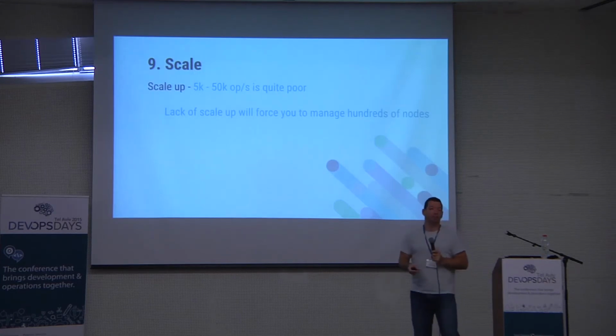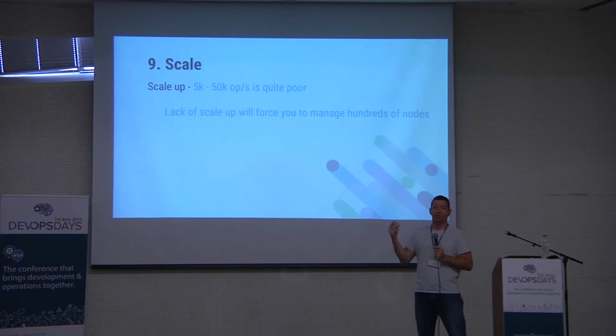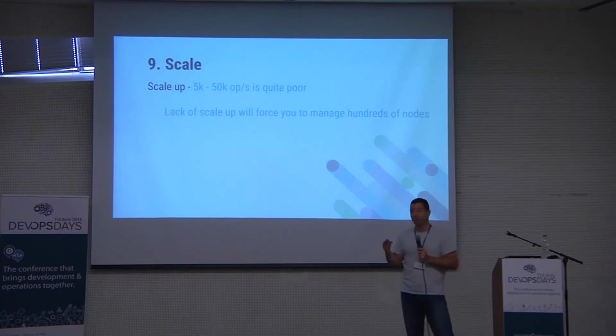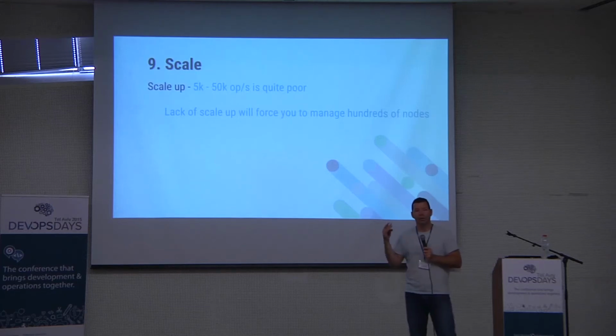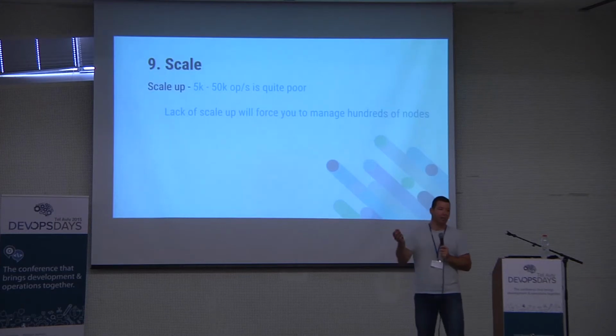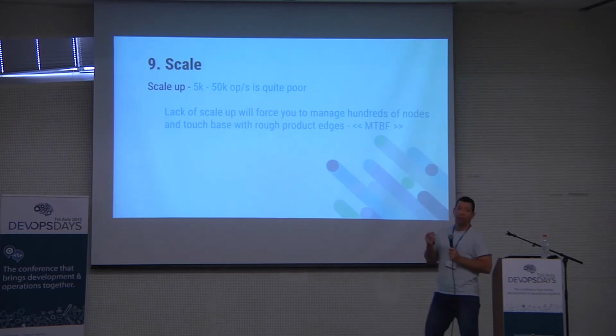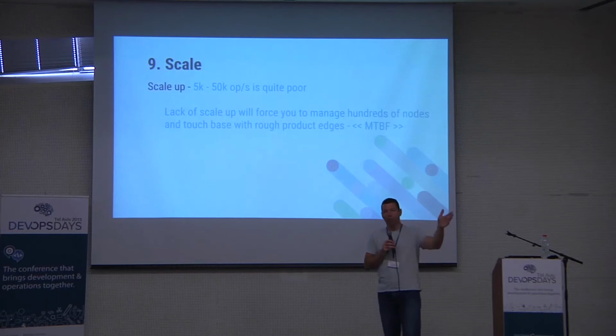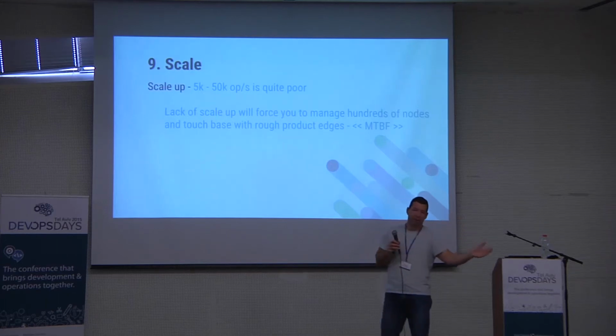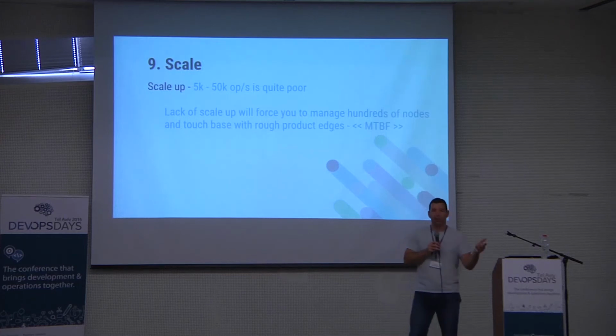And with today's computers, with dozens of cores, 10 gigabit networks, even now Mellanox came with 100 gigabit per second networks, NVMe drives, there's no reason in the world why you should be satisfied with a few thousand or dozens of thousands of ops. Usually the problem is that, of course, hardware is cheap, you can buy more, and labor is expensive.